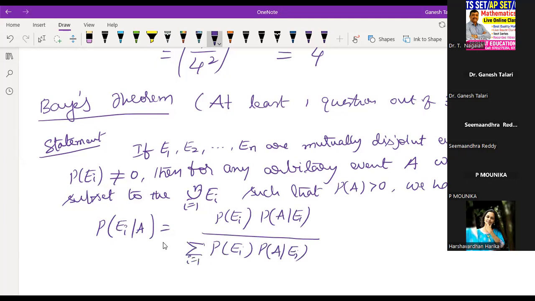Or simply, sometimes we write probability of Ei into probability of A given Ei upon probability of A.